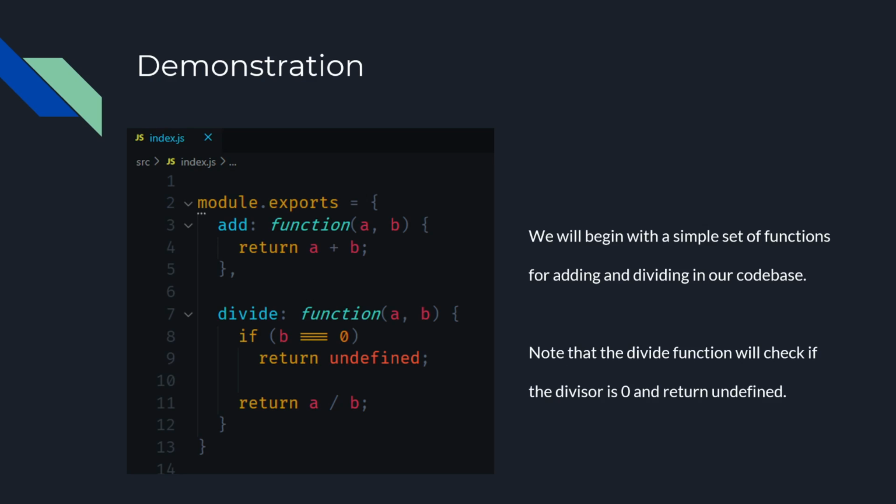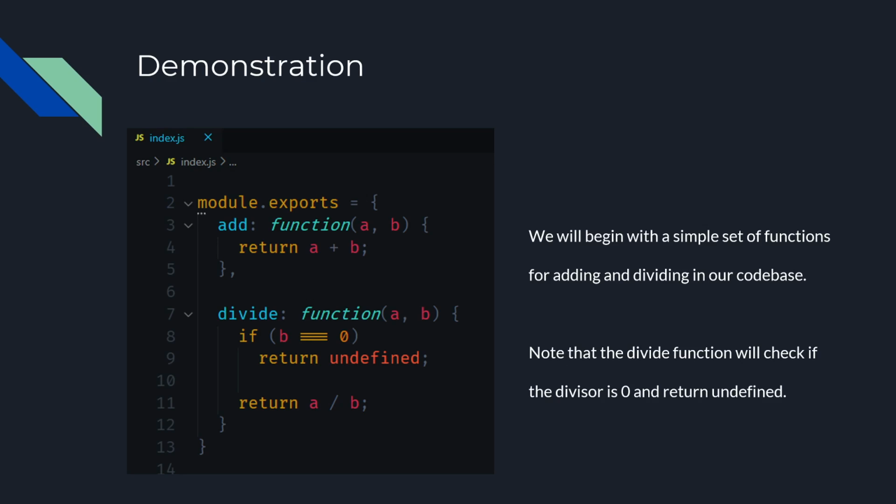So, jumping into our code, here we can see our little module that has two functions: an add function which takes two inputs and adds them together, and a divide function which takes two inputs, checks to see if the divisor would be 0, and if it's not, then it will just divide them.